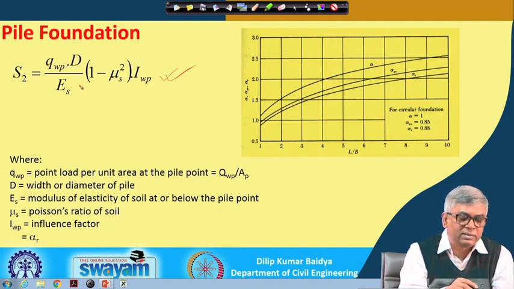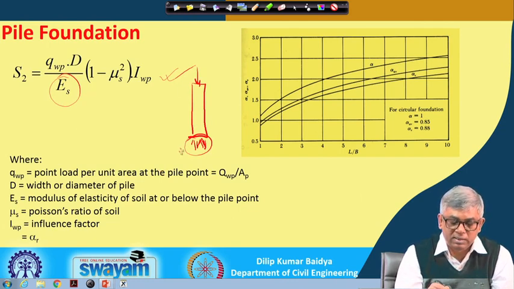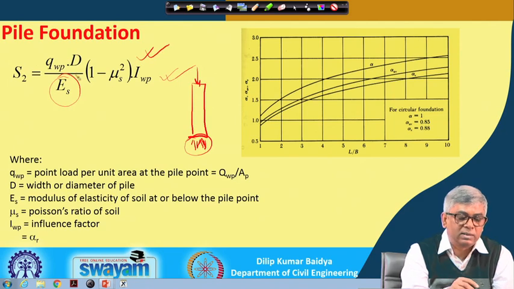So based on that, this is the soil at the bottom, and if I apply load then at the bottom there will be pressure. Because of this pressure, what will be the elastic settlement of the soil below, that is actually from the footing we have done.